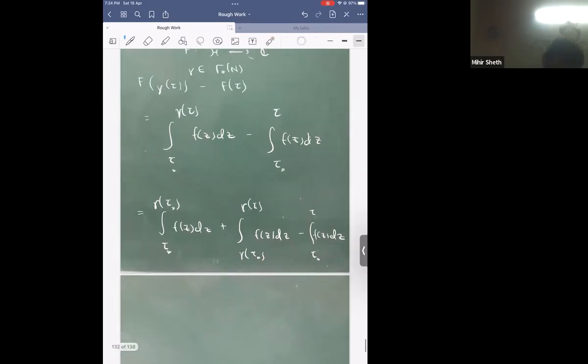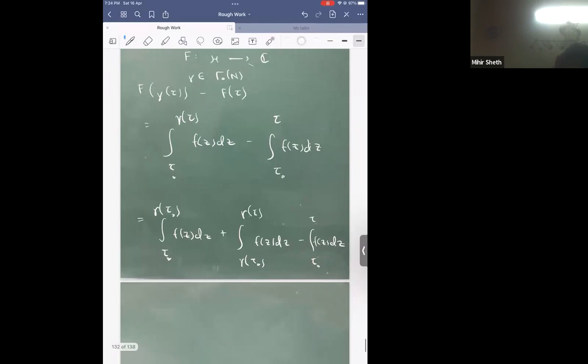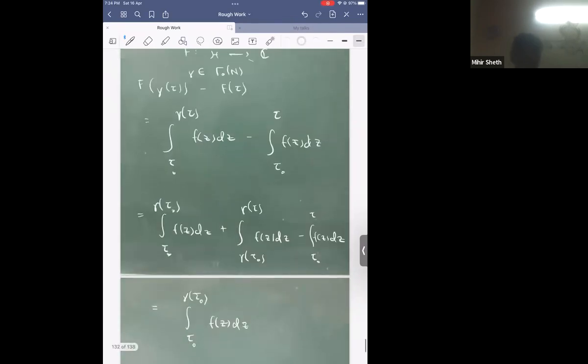So what you get is that the difference, f of gamma tau minus f of tau, is actually independent of tau. It is the integration from tau 0, our fixed base point, to gamma of tau 0 of the differential xz dz.